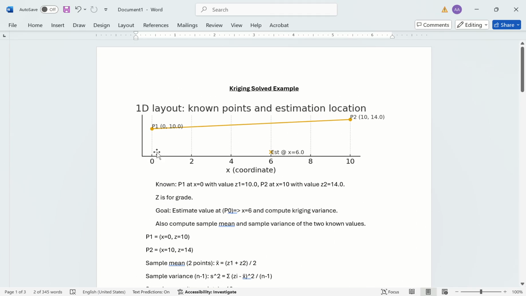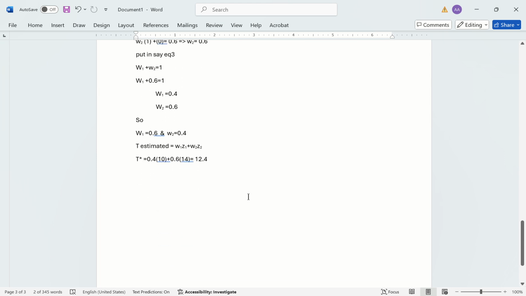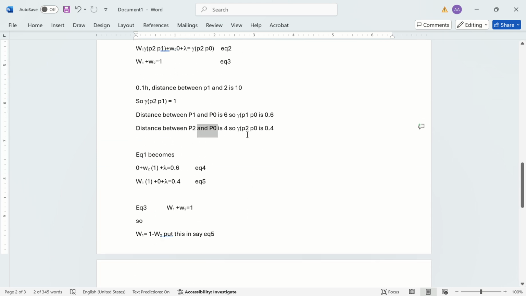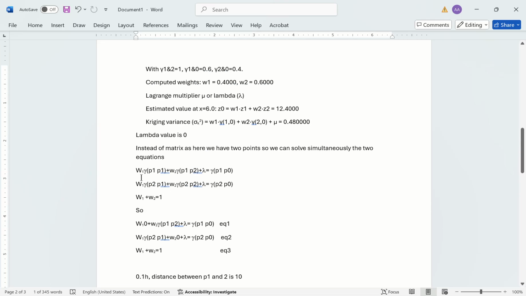Similarly, the distance between point 2 and point 0 is 4. How? You see, this is from the origin at 6 units and this is at 10 units. So the distance between these two is 4 units. The variance between the 2 points is 0.1 into 4, which becomes 0.4.